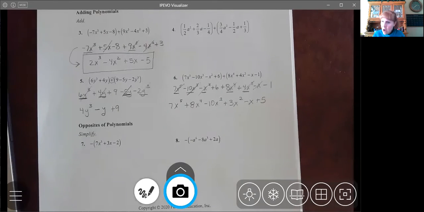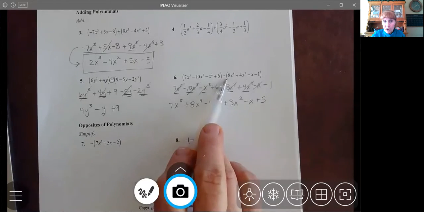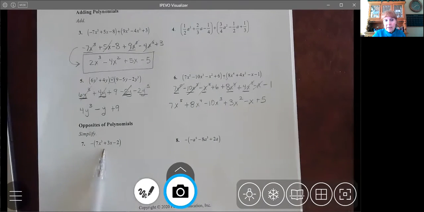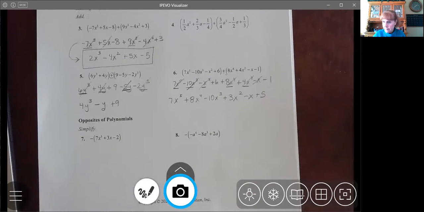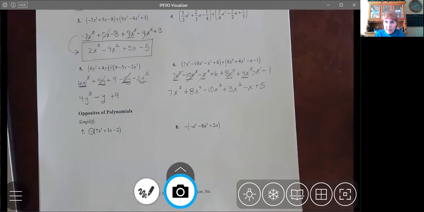Okay. Let's get ready for subtraction rather than addition. In order to do subtraction, you need to know how to take the opposite. Whenever you have a negative outside of a parentheses, it means you'll take the opposite of everything inside.